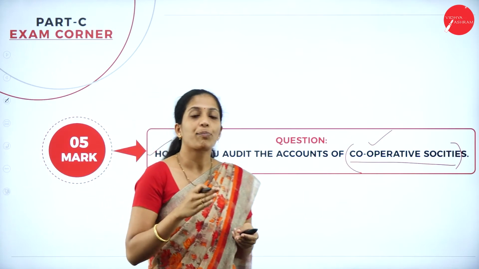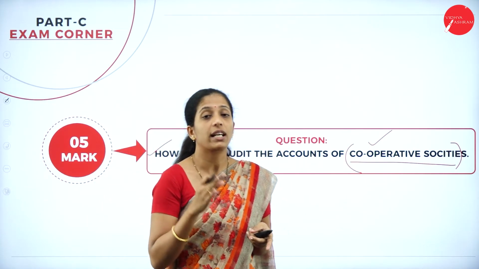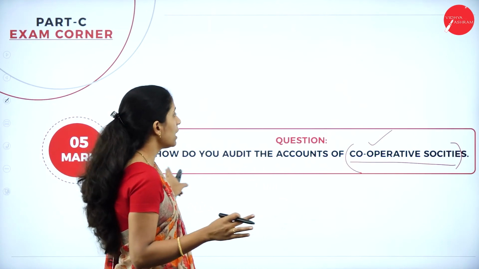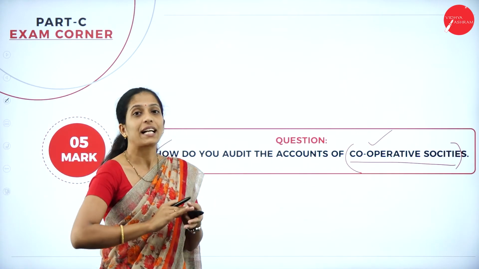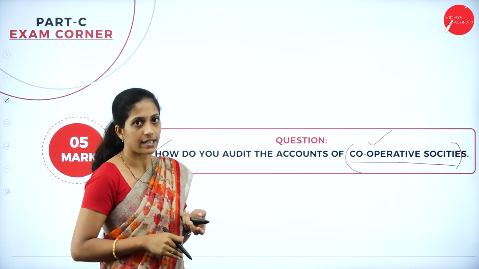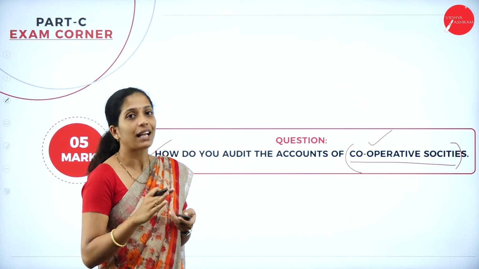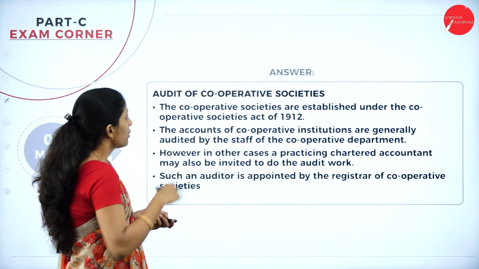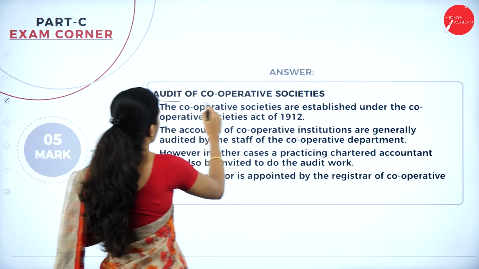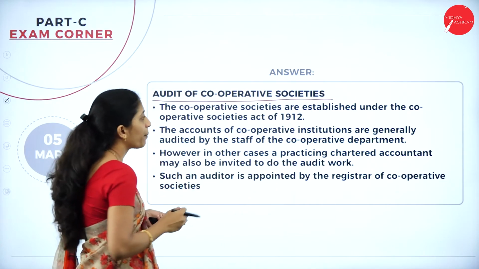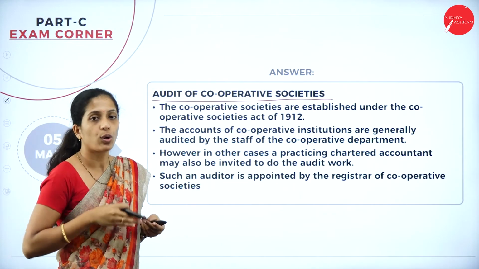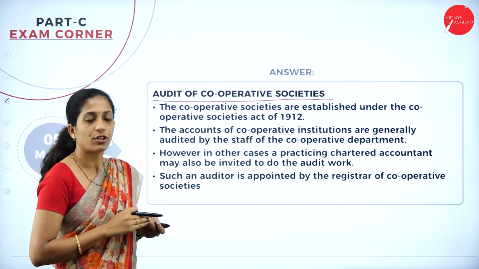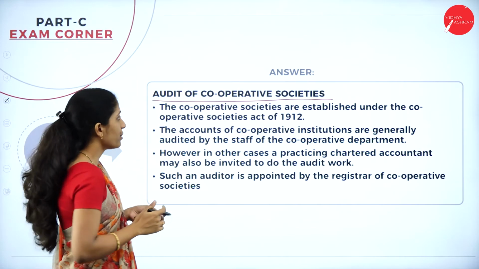There are certain procedures and certain laws for each and every type of organization, where the auditing has to be conducted as per that law itself. That depends upon the type of organization. So here we have to write how the auditing is conducted under a cooperative society, going on writing the points relating to auditing of a cooperative society.